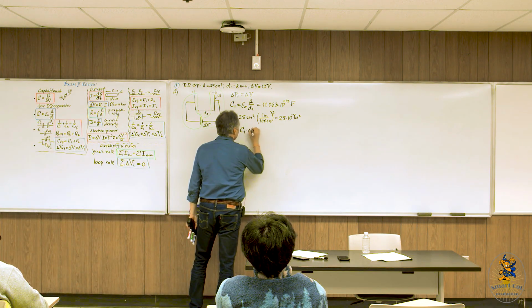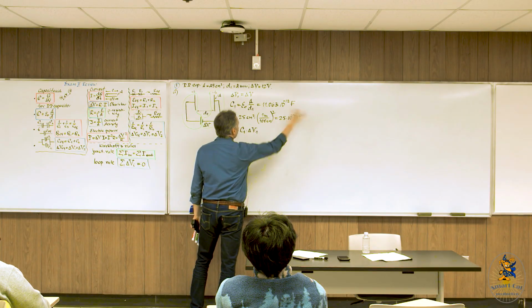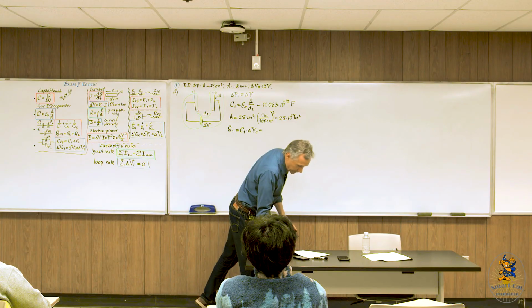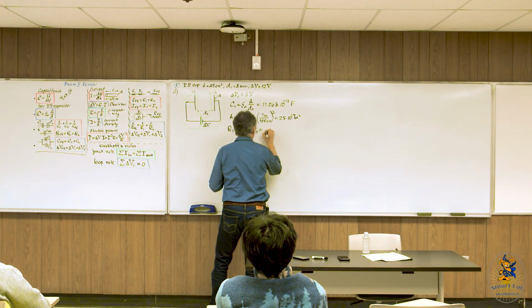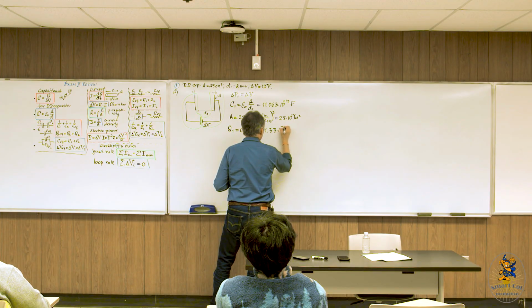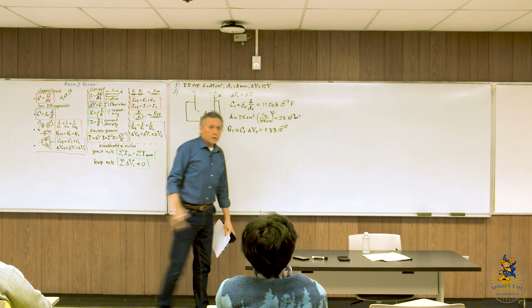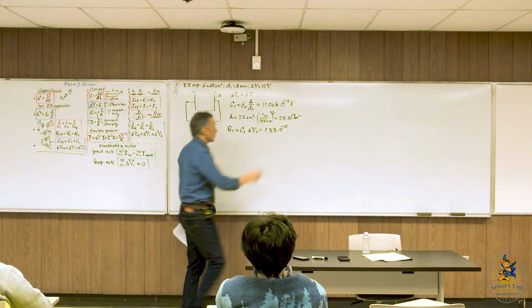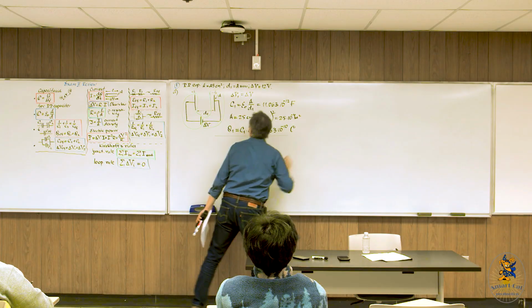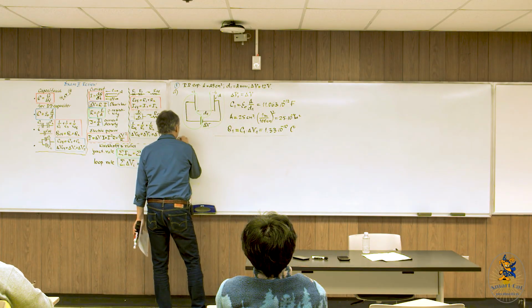Okay, so we found everything. If you plug in and calculate, you will end up with 1.33 times 10 to the power of minus 10 coulombs. Units of charge, coulomb. Okay, so this is straightforward. Right, so now part B.